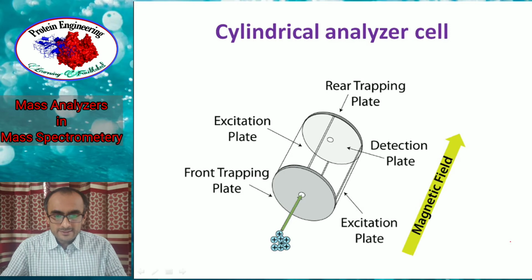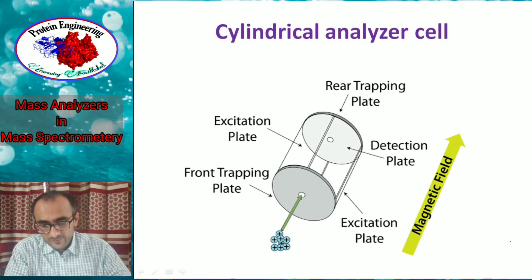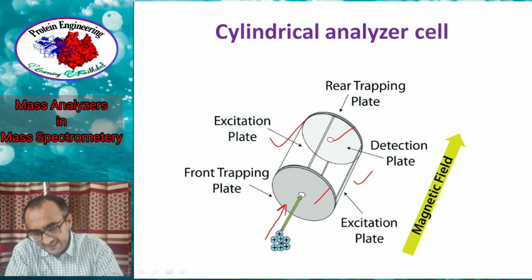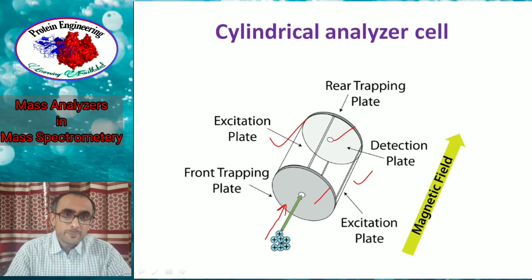The ICR cell, ion cyclotron resonance cell, is basically a cubical or cylindrical cell where there are 4 plates. You have 2 excitation plates and 2 detection plates. And this cell is kept in a very high magnetic field. When a beam of ions is injected into the cell, these ions are pulled, depending on the charge, towards the opposite electrode.